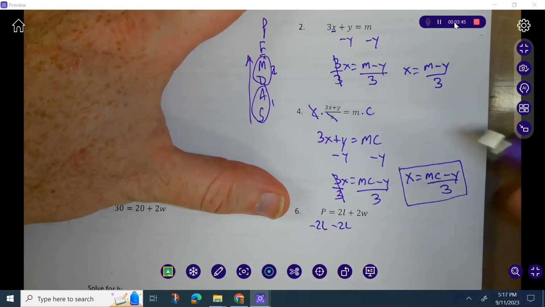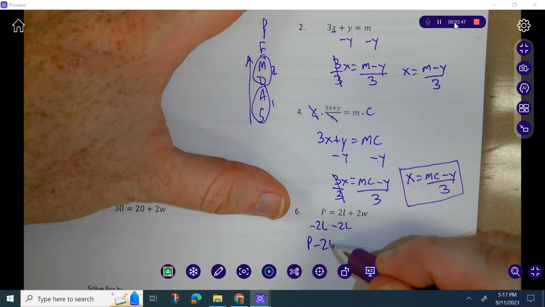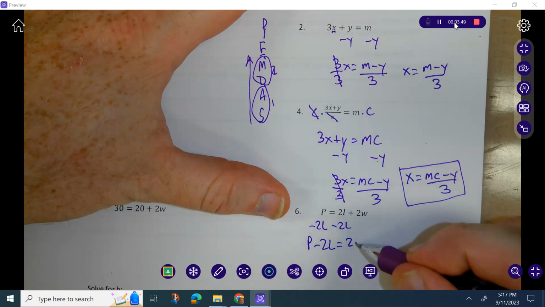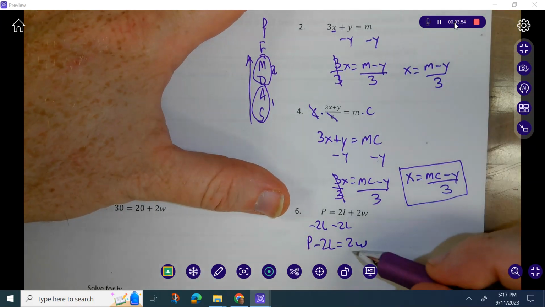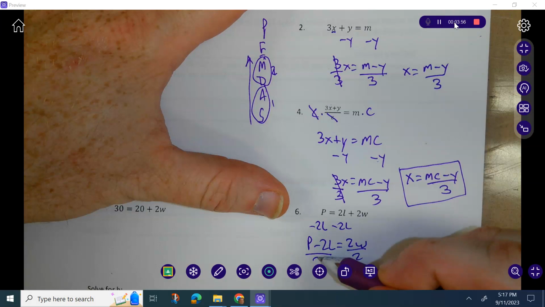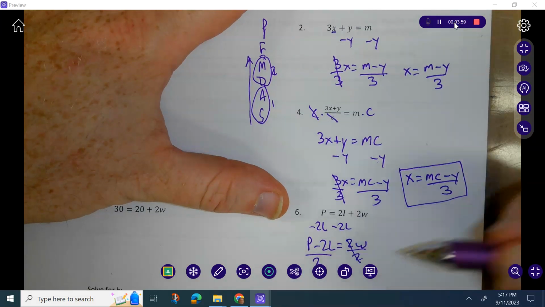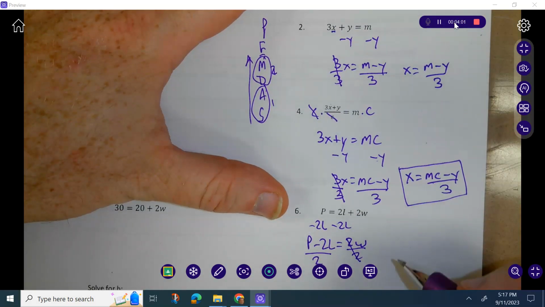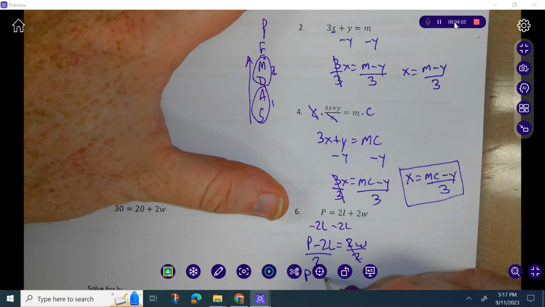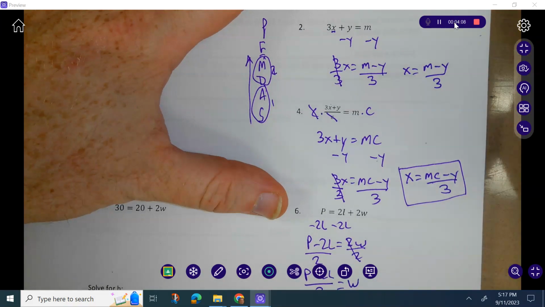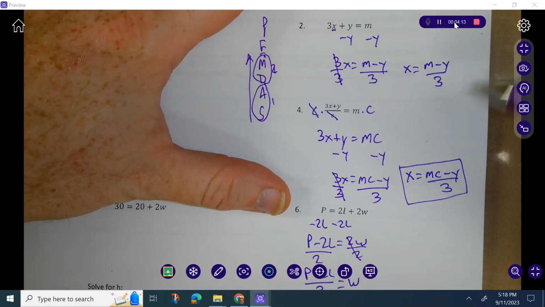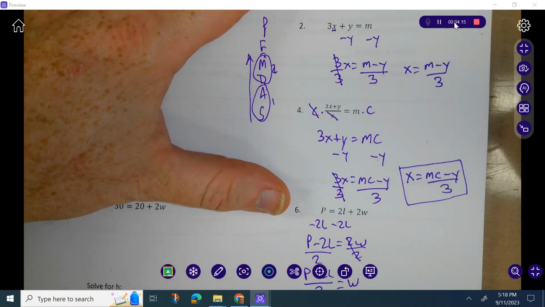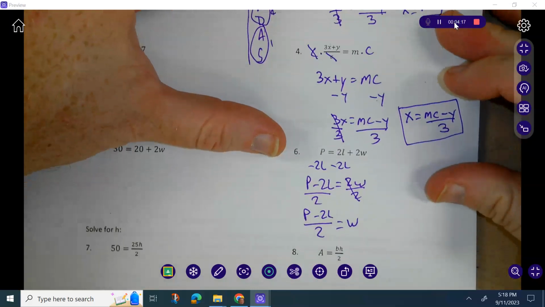I don't know what P is, so I get P minus 2L equals 2W. Now I'm going to divide all of both sides by 2. What this will tell me is, if I know the perimeter and the length of a parallelogram, I can find the width just by substituting into this formula.